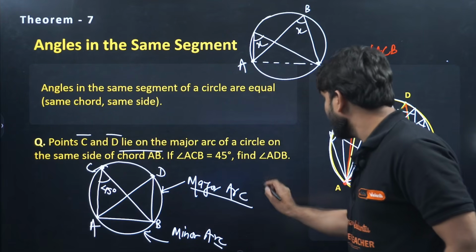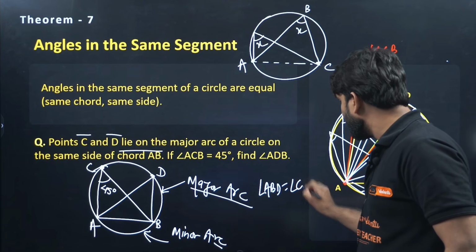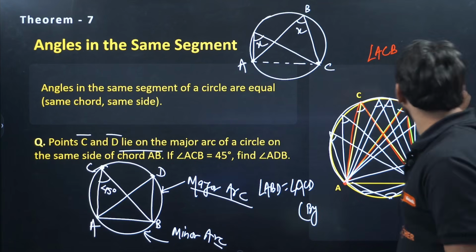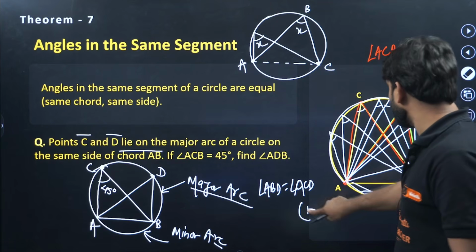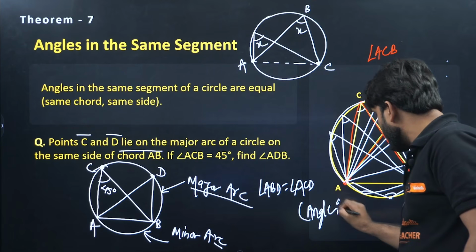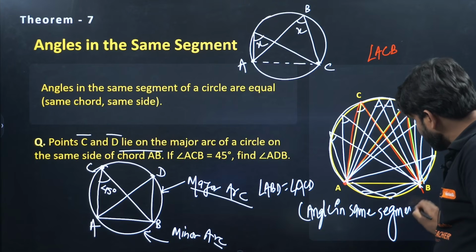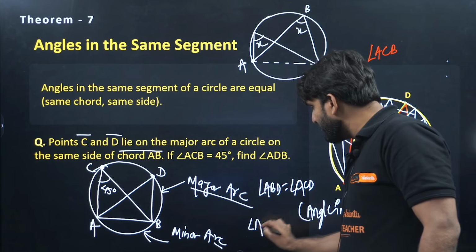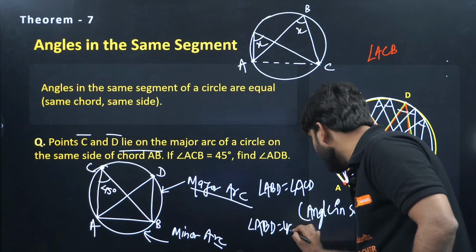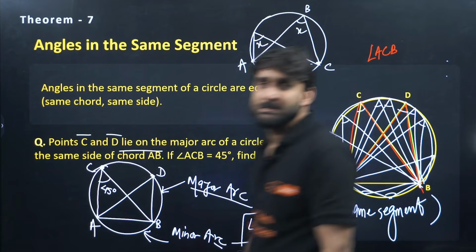We can write angle ADB will be equal to angle ACB, and please mention the reason, or we can directly write angles in the same segment. Both the angles are in the same segment, so ADB will also be equal to ACB, which is 45 degrees. This is the answer. Clear, everyone? So, angle in same segment.